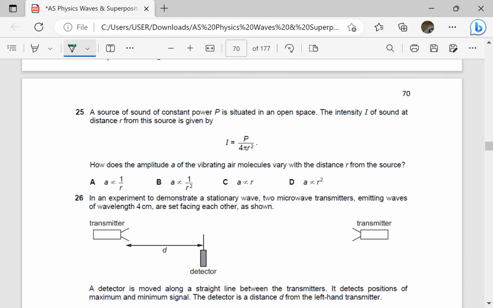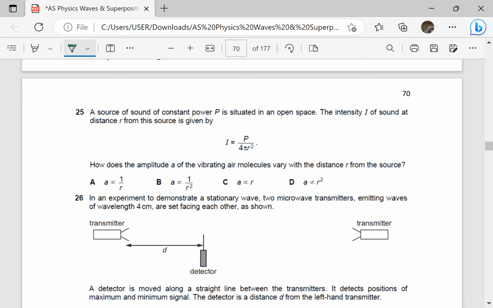A source of sound of constant power P is situated in an open space. The intensity I of sound at distance r from this source is given by I equal to P over 4 pi r squared. How does the amplitude A of the vibrating air molecules vary with the distance r from the source?